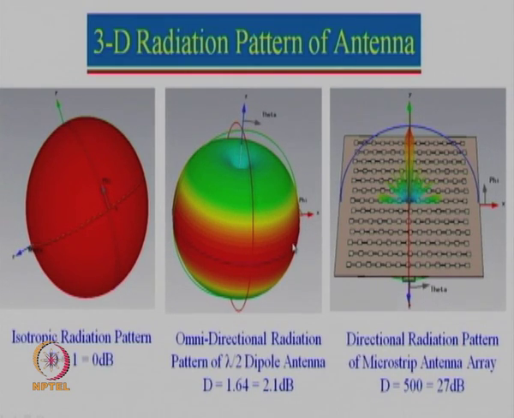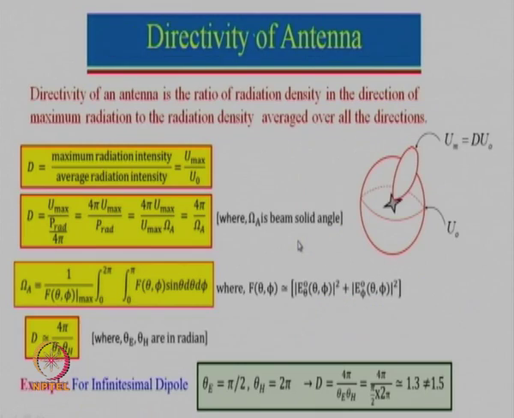If we assume this approximately as a sine function, then we know that at sine 45 it will be 1 by square root 2. So, plus 45 and minus 45 gives us 90 degrees, which is equal to pi by 2. And in the H plane it is an omnidirectional pattern, so the beam width is 360 degrees or 2 pi.